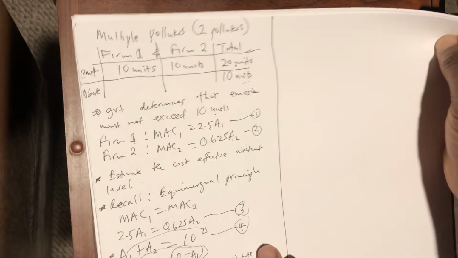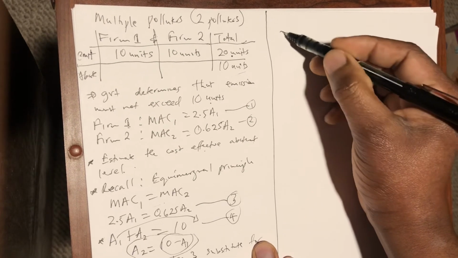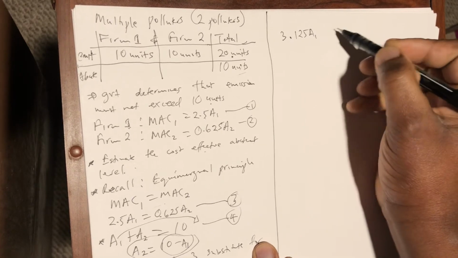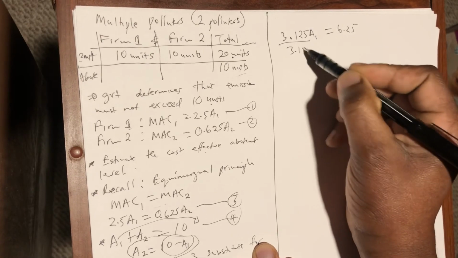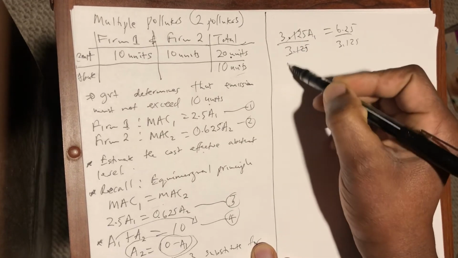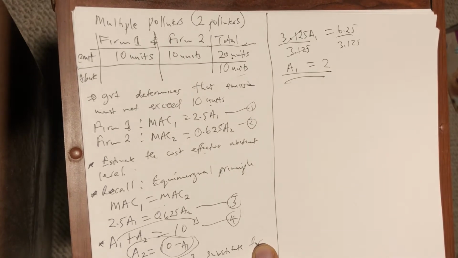What do we have now? We end up having 3.125 A1 equal to 6.25. Divide by 3.125 on both sides, then A1 is equal to 2.